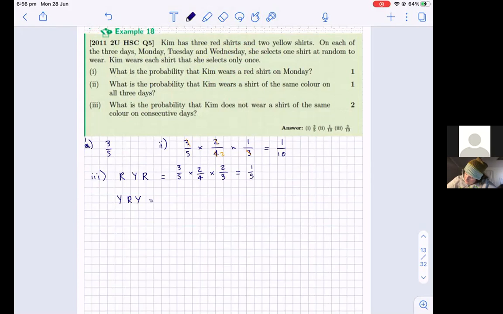Yellow, red, yellow, we've got 2/5, 3/4, 1/3, that's 1/10. So total, 1/5 plus 1/10 comes out as, let me just double check, 3/10.